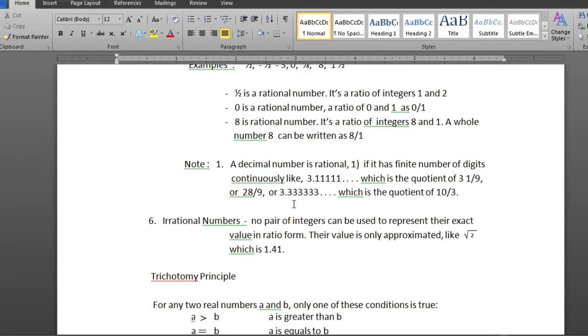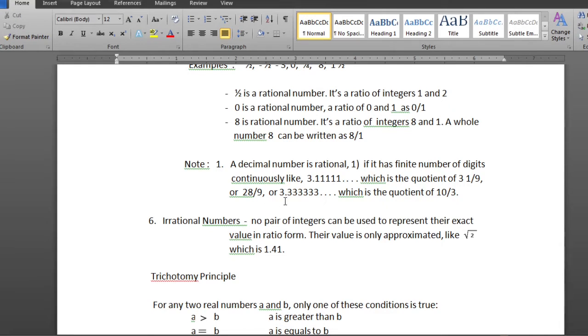Note that a decimal number is rational if it has a finite number of digits, or a repeating pattern, like 3.111, where the 1 never ends, which is the quotient of 3 and 1/9, or 28/9.